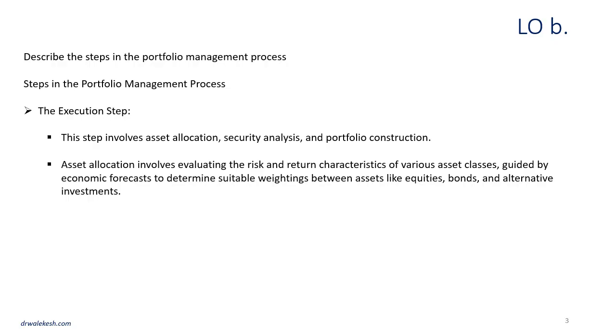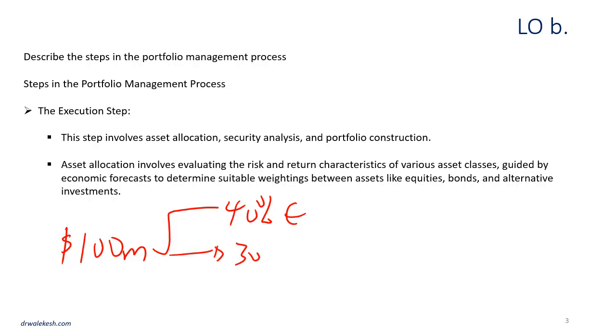So that we are all on the same page, imagine I have 100 million US dollars to invest. Originally, I decided to invest 40% in equities, 30% in fixed income securities, that's bonds, and the remaining 30% in alternative investment. It's worth noting that equities are stocks.